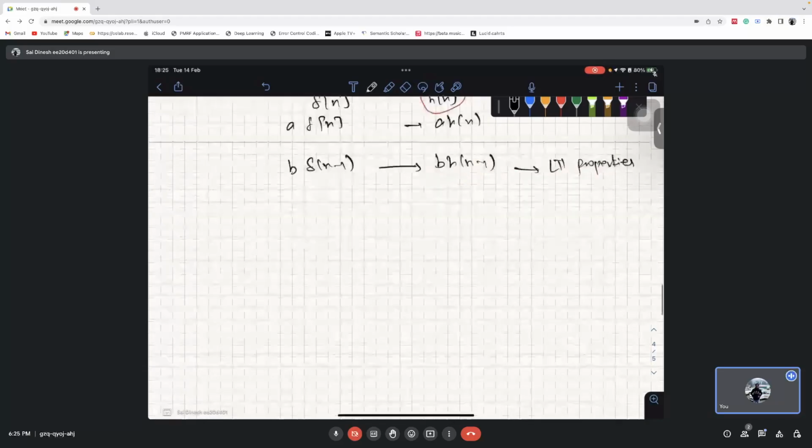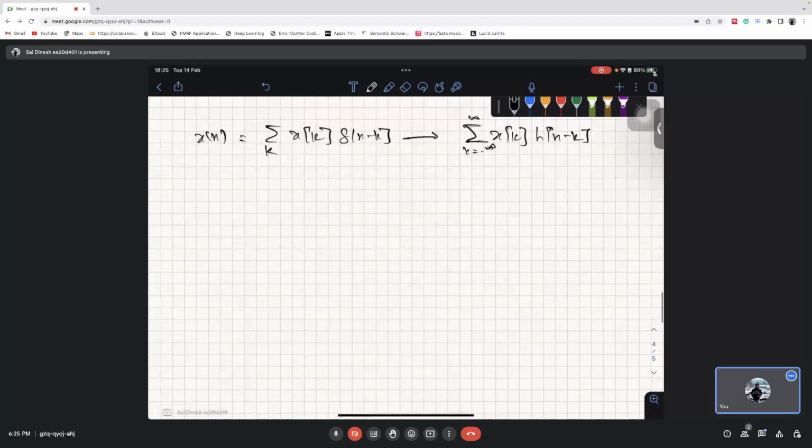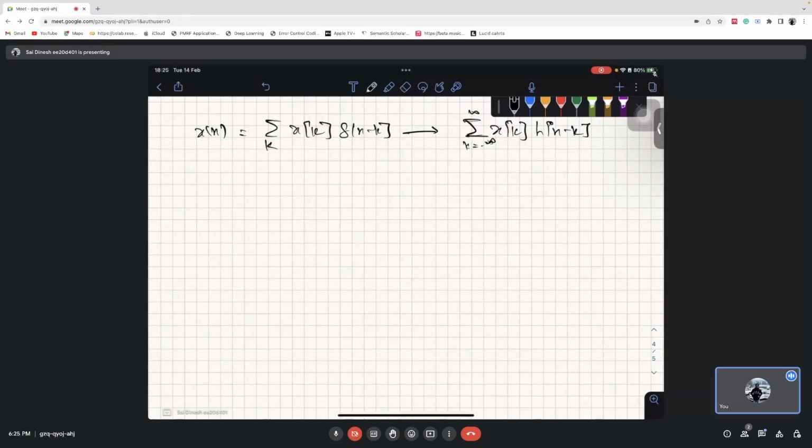So if we have a signal x of n represented as shifted and scaled versions of simple signals, then what we get is the sum of x of k h of n minus k, for k equal to minus infinity to infinity. This is known as the convolution.